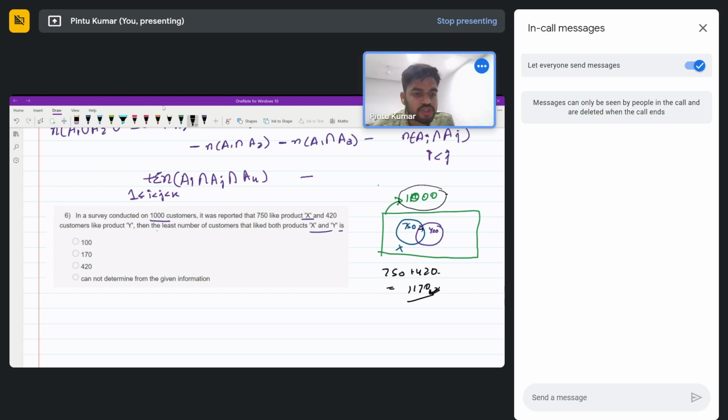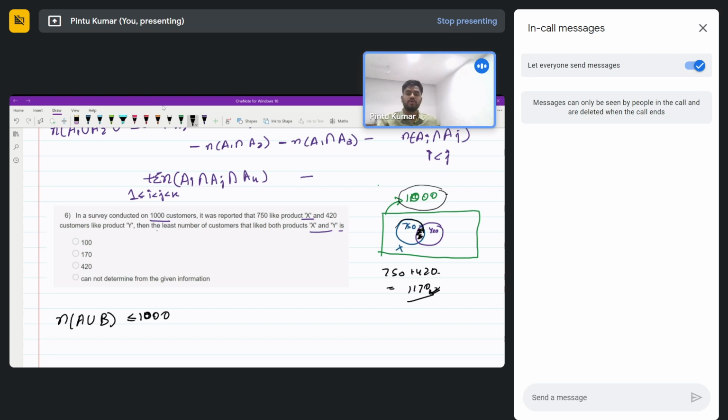Because we are summing this portion twice when we are summing this blue circle and the purple circle, right? So what we know is that the number of elements in A union B must be less than or equal to 1000, because the survey was conducted on 1000 customers.